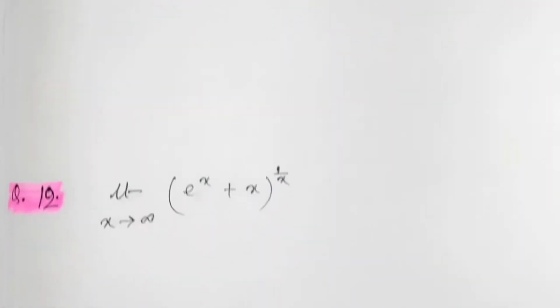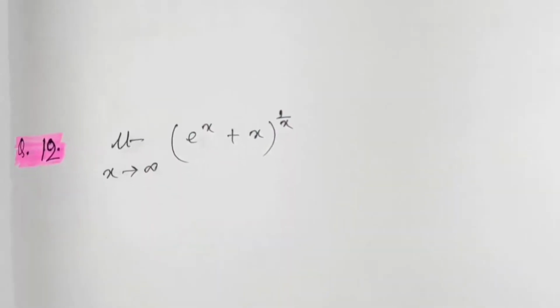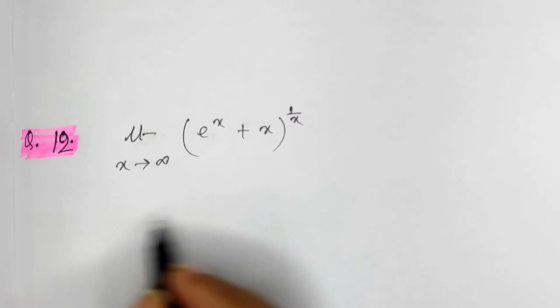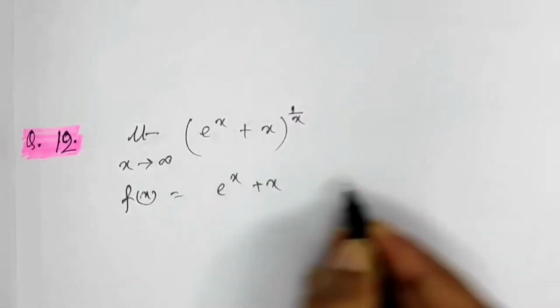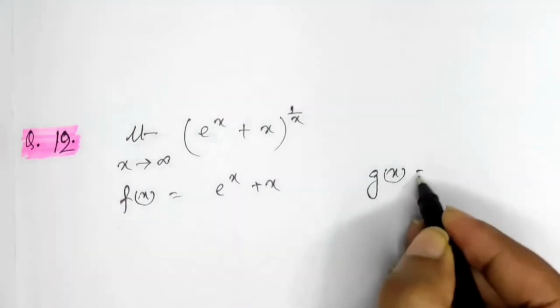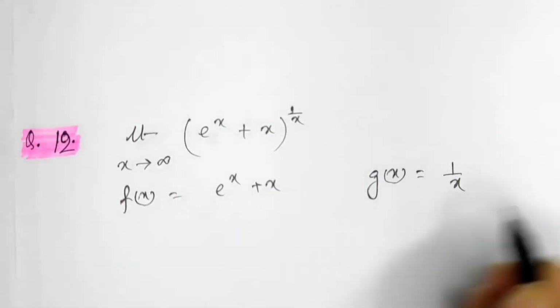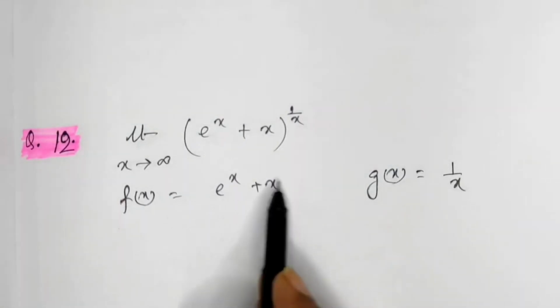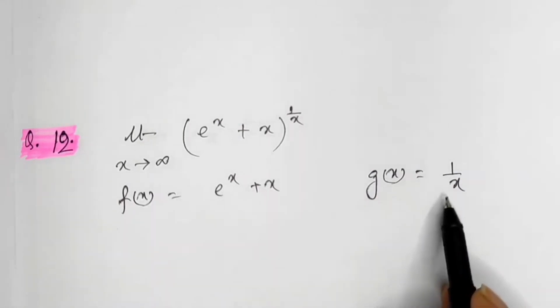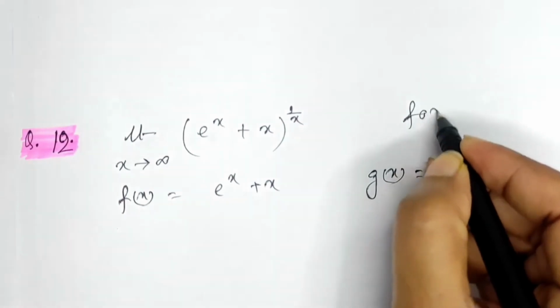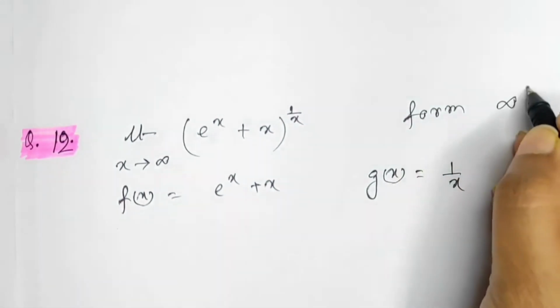Similarly, one more example if we consider, then it is here, and here we shall find out that f(x) is equal to e to the power x plus x, and g(x) is equal to 1 upon x, and this value is infinity when x tends to infinity, and g(x) is definitely 0. So it is in the form of infinity to the power 0.